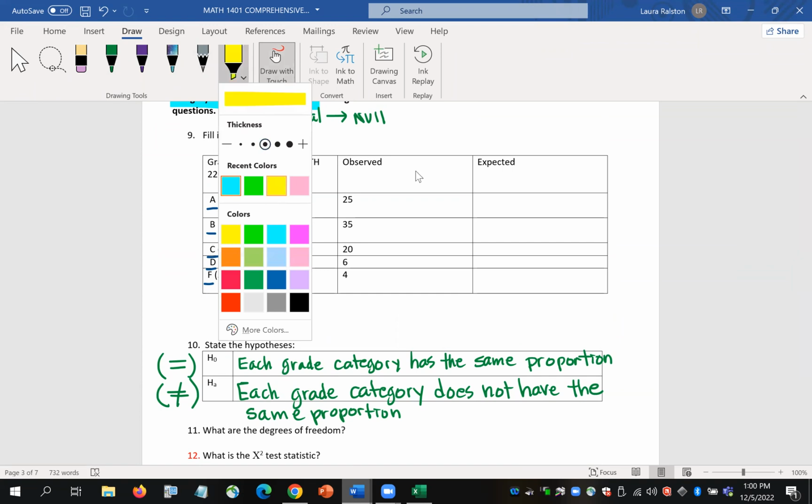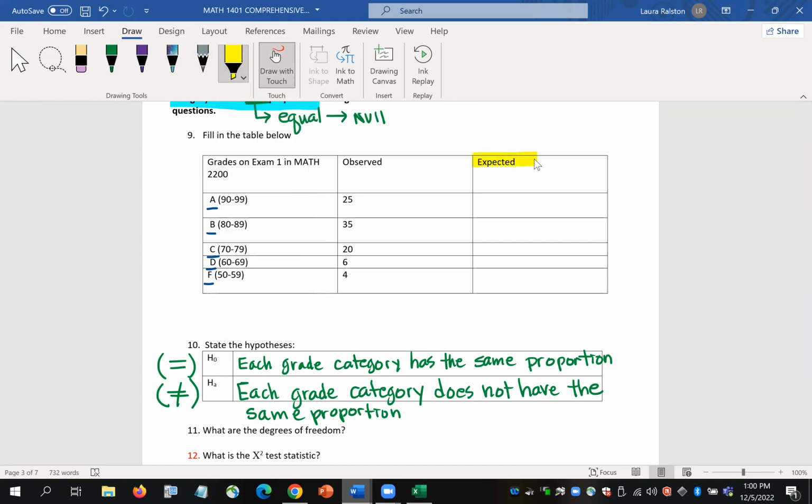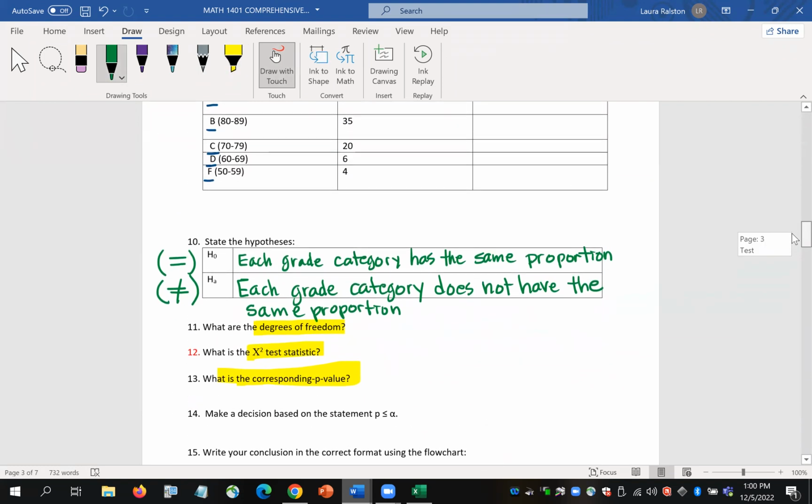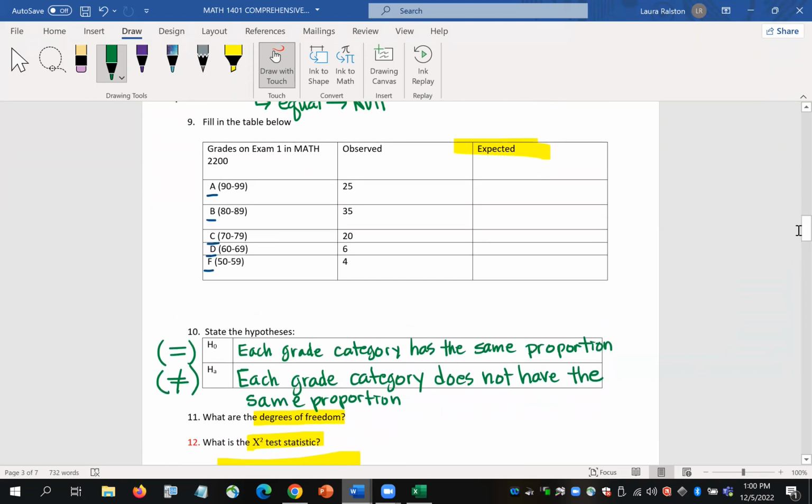Now, Minitab is going to calculate the expected values for me. Minitab will calculate the degrees of freedom, my test statistic, and the corresponding p-value. Minitab is going to do all of the work. I do have to enter the data, so let me scribble the data down.